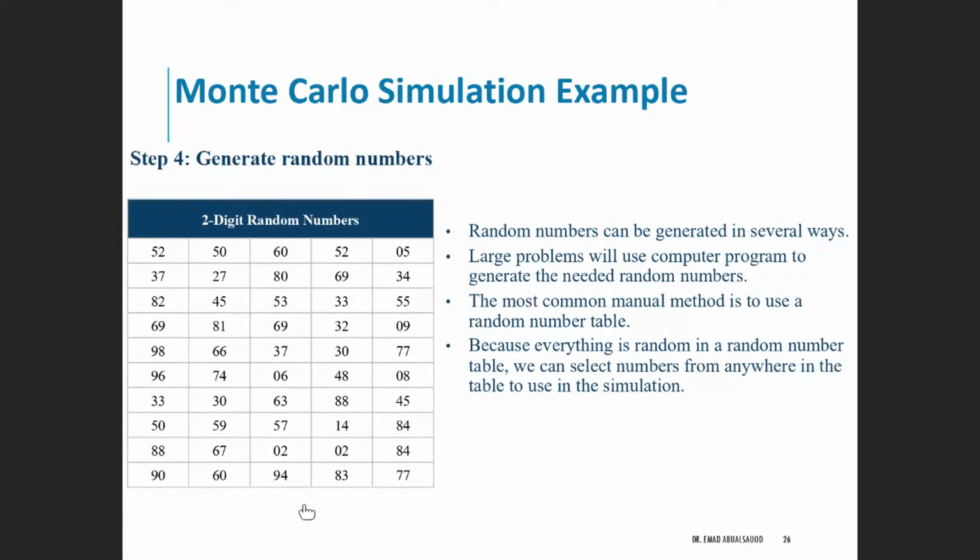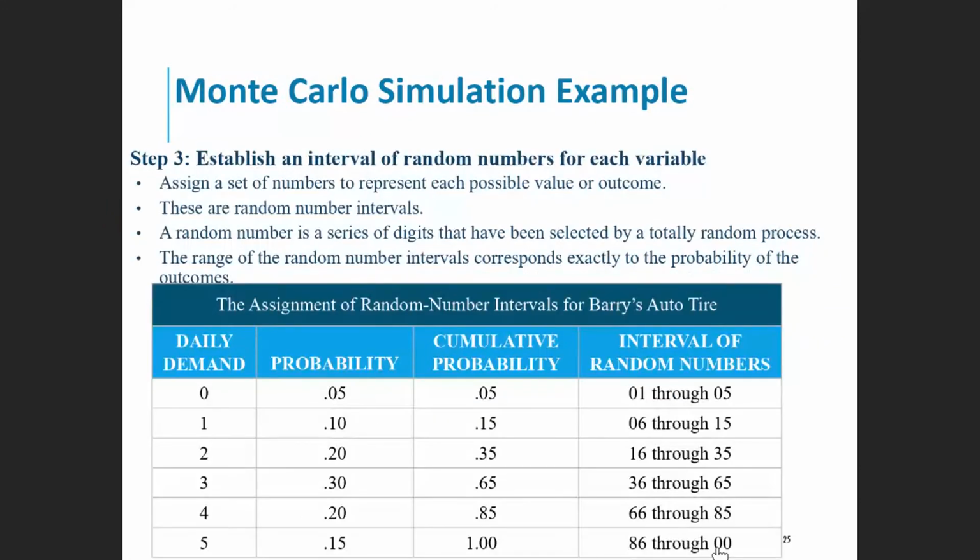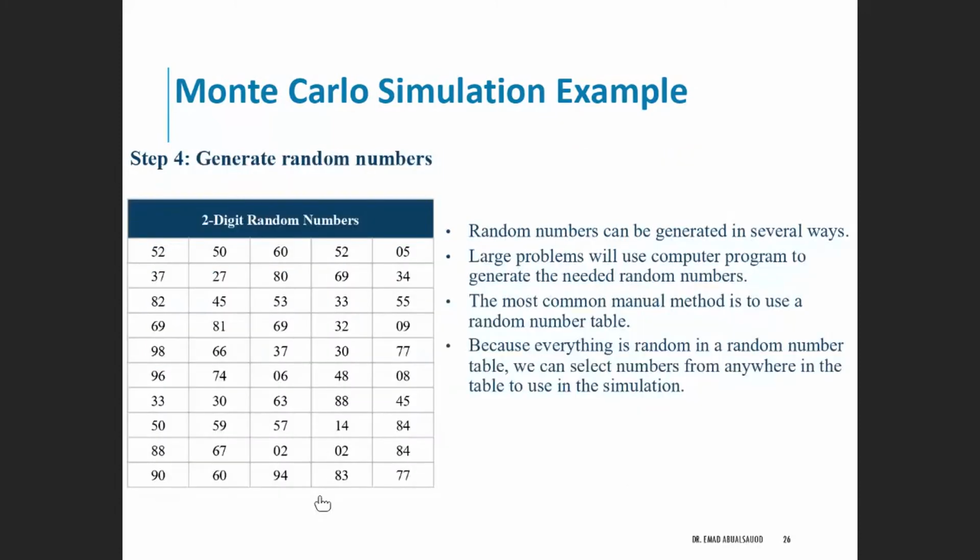Those numbers, when you generate them, have to be within the interval. So if the interval stops at 100, then the largest number in the random numbers you generated has to be equal to or less than 100. You cannot generate numbers exceeding the interval you built in the previous step.